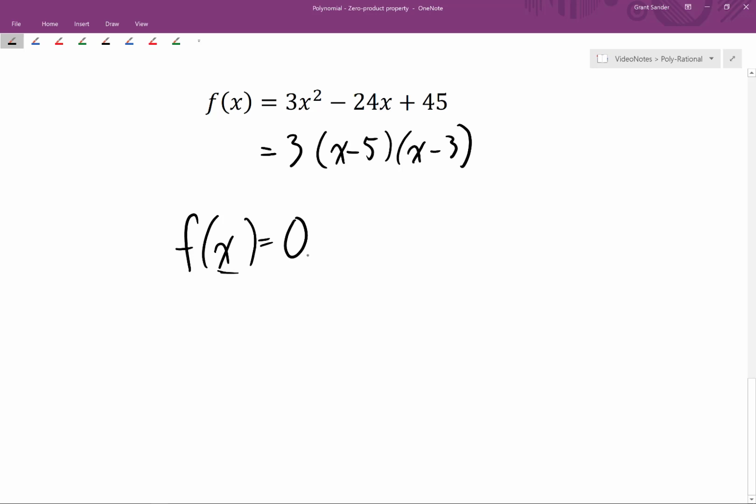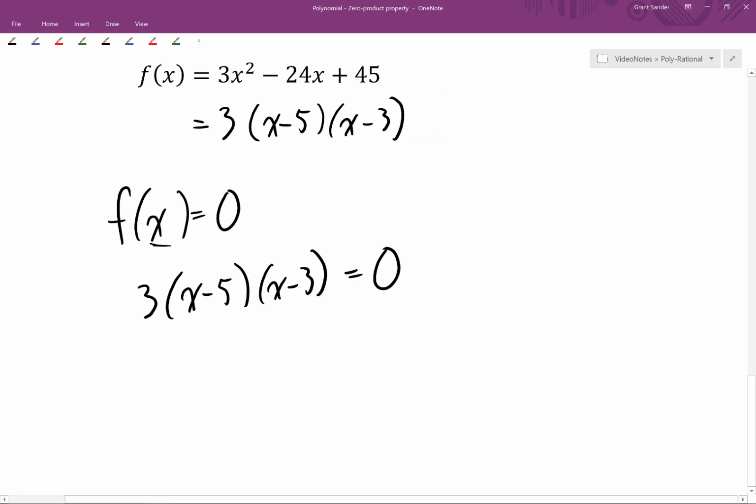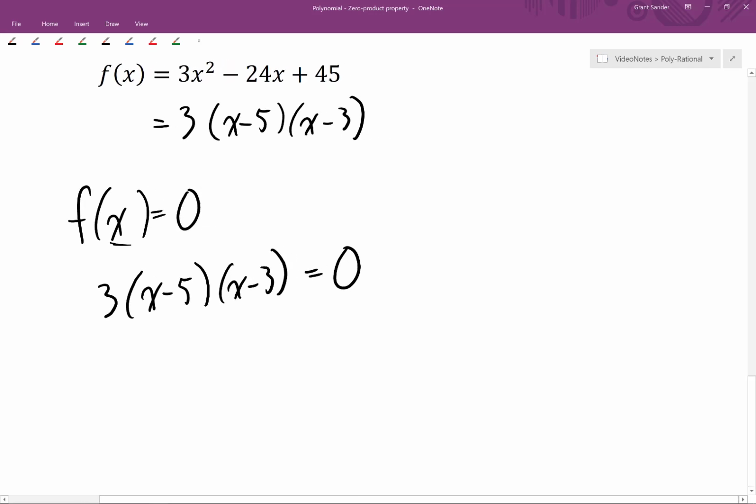And if our output is equal to 0, then 3 times x minus 5 times x minus 3 has to be equal to 0. And if that's true, then either 3 is equal to 0, which isn't true, or x minus 5 is equal to 0, or x minus 3 is equal to 0.